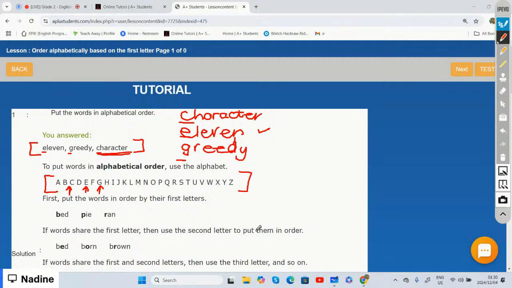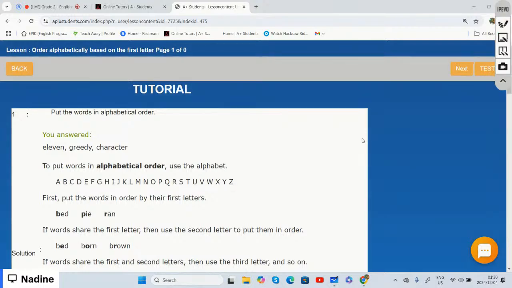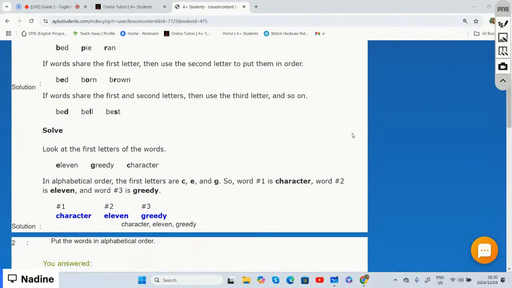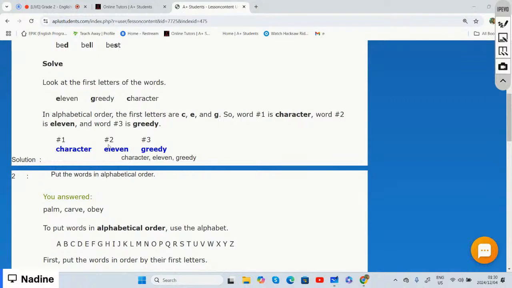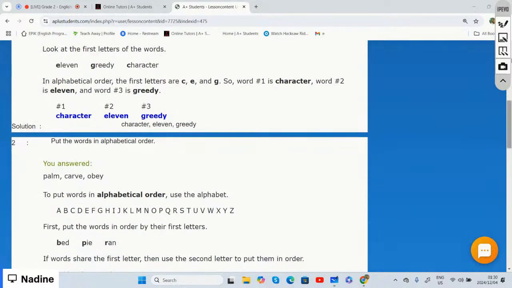All right, so that is how we put words in alphabetical order. So we have character, eleven, and greedy.